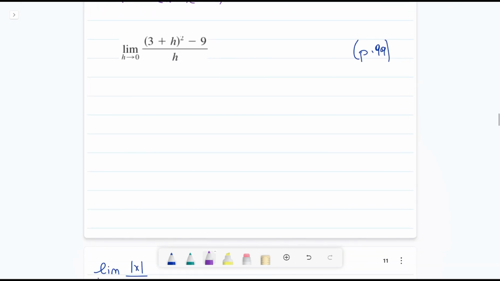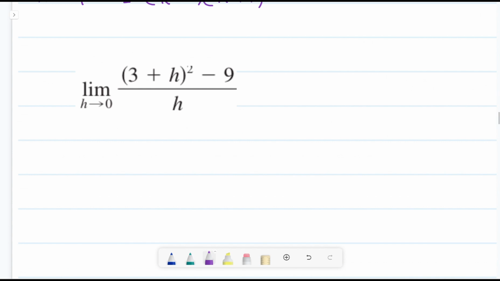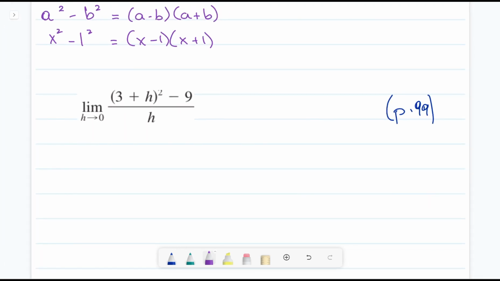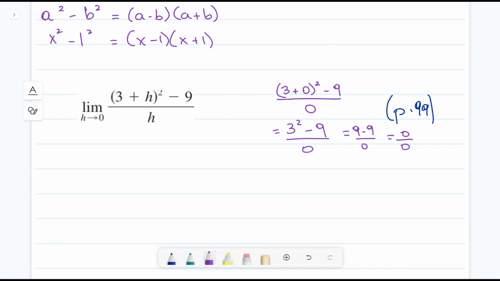Let's move on to another example. Limit of 3 plus h all squared minus 9 divided by h as h approaches 0. So let's try to plug in. If we were to plug in, we would get 3 plus 0 squared minus 9 divided by 0. So this is 3 squared minus 9 over 0, which gives us 9 minus 9 over 0, which is 0 over 0.